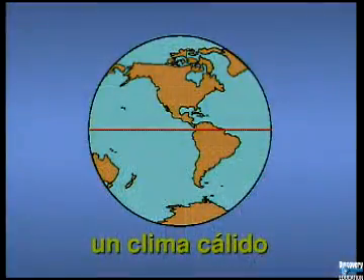Now remember that we talked about how the weather varied depending on how close you are to the equator? Let's review those different regions again right now. Now we said that there are places on the earth close to the equator that have un clima cálido. And that's like calor, it's hot, right?